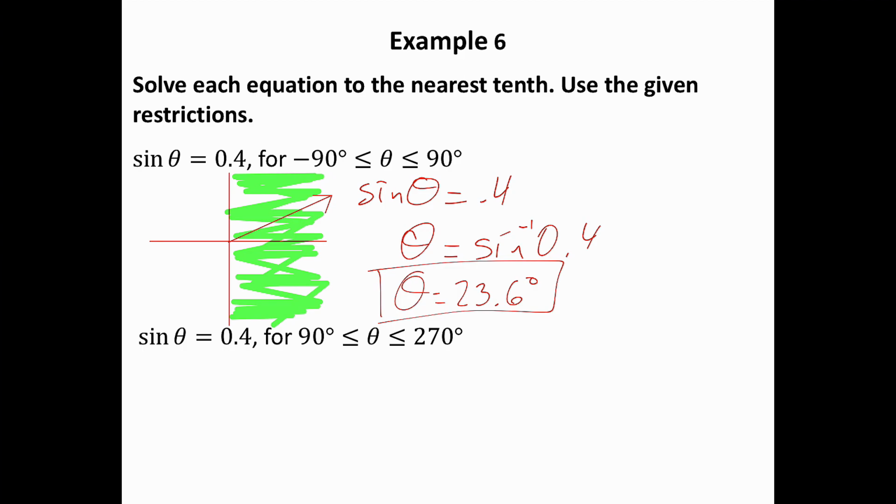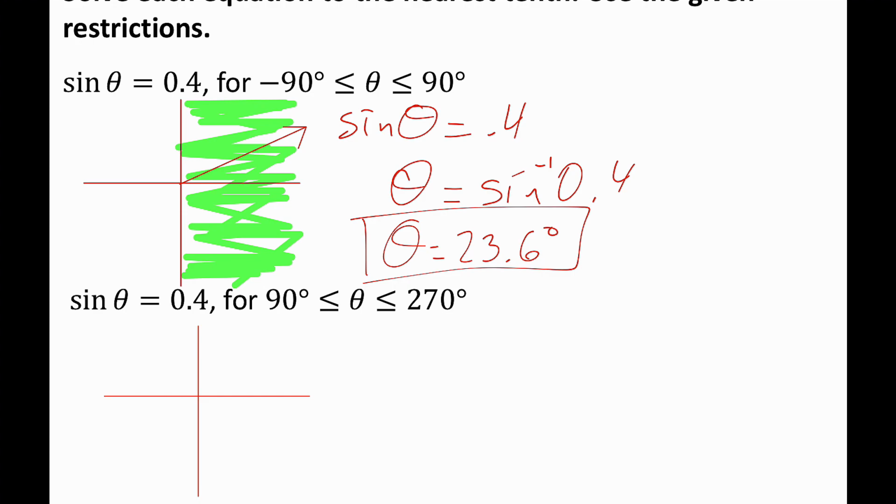So let's draw a quick representation of where that's going to be. The place that's between 90 and 270 is over here, quadrants 2 and 3. We finally get to mention quadrant 3. We've avoided it so far in this section.